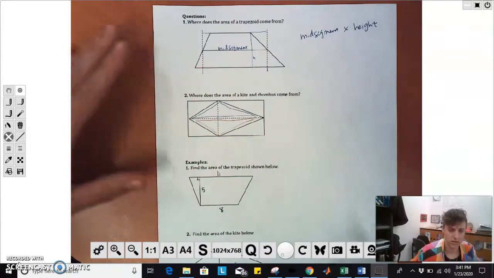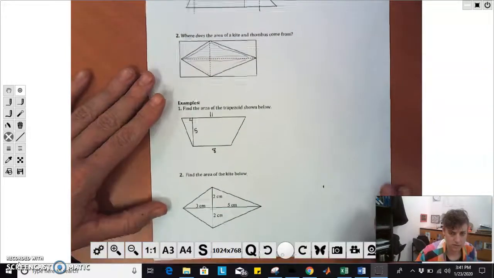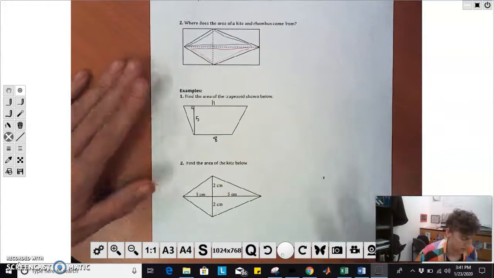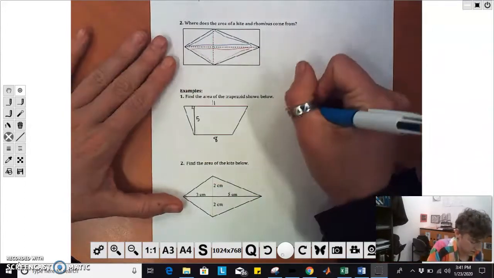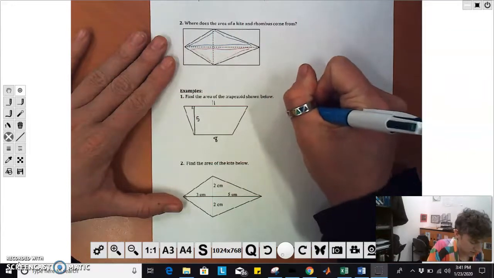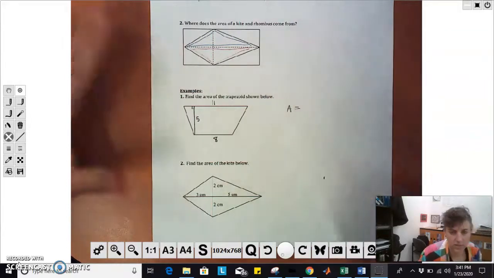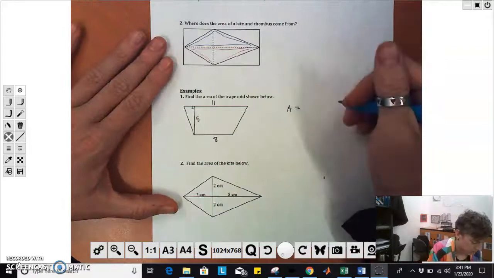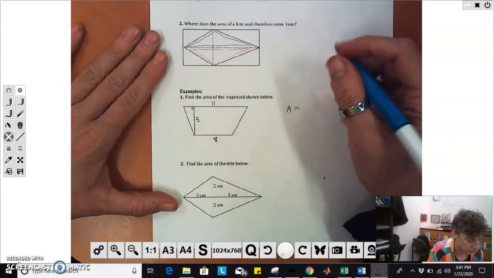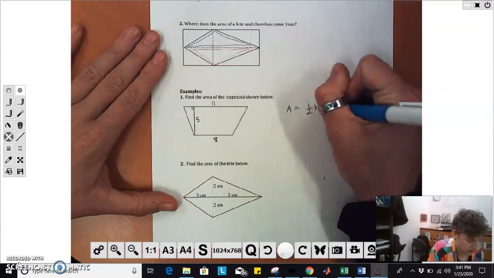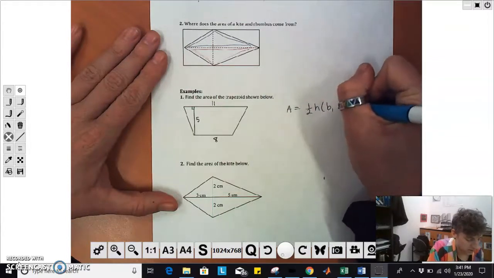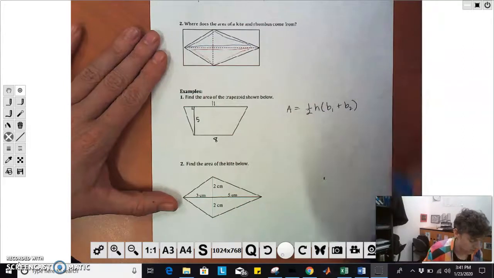Let's do an example. Here. I'm actually just going to write the formulas for you, and then you're going to do it. Because you got this. Oh man, I switched over to the different color pen. Weird. This is a trapezoid. We know the area of the trapezoid is 1/2 the height times the sum of the bases.